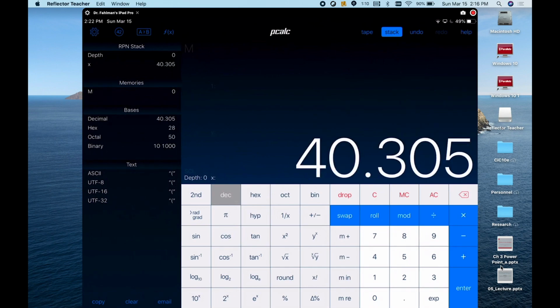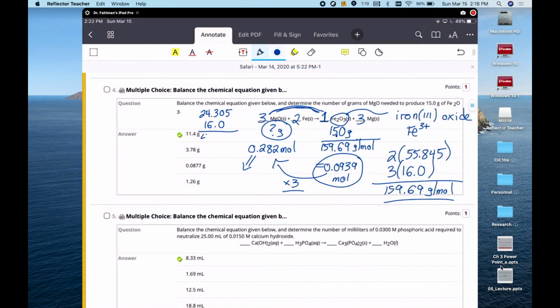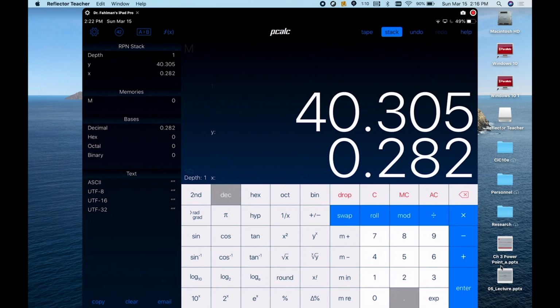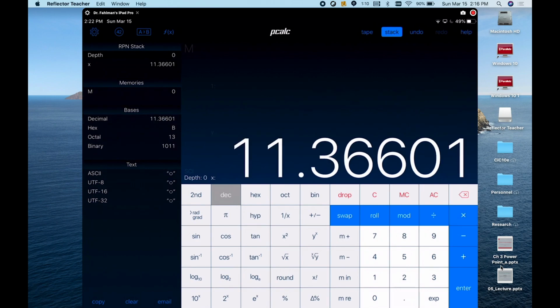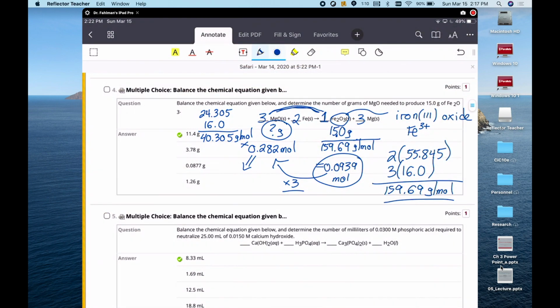So it's 40.305 grams per mole, and we're going to multiply that by 0.282. And we get 11.37, or 11.4, I guess, to the right number of sig figs.